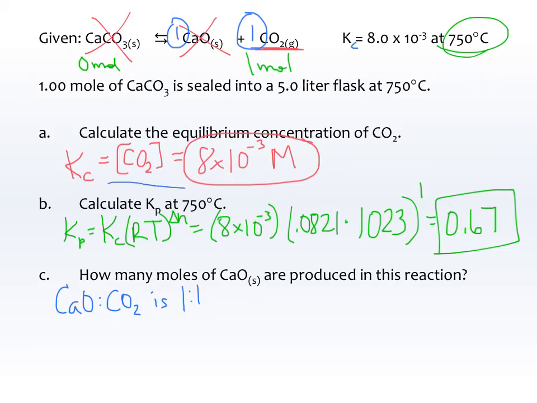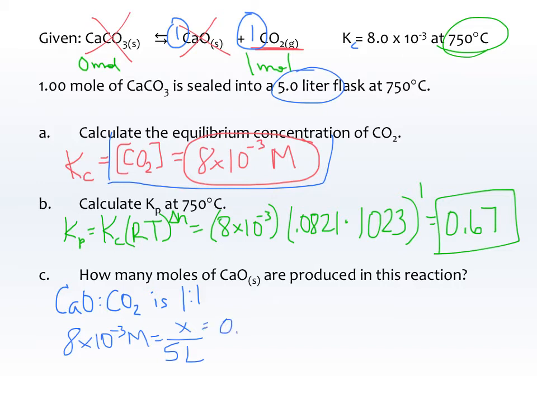And good thing we already have the concentration of CO2. So that's 8 times 10 to the negative 3rd molar, and it's in a 5-liter flask. So to find the number of moles, I'm going to multiply 8 times 10 to the negative 3rd times 5, and I end up with x is equal to 0.04 moles.